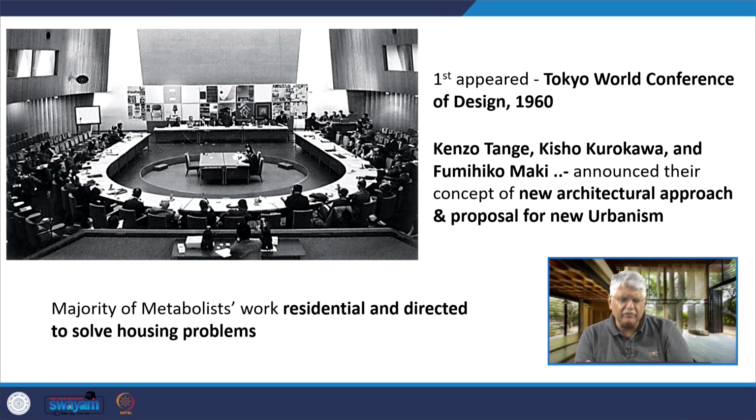The discussion on metabolism came onto the world stage for the first time at the Tokyo World Design Conference in 1960. Iconic Japanese architects like Kenzo Tange, Kisho Kurokawa, and Fumihiko Maki announced their concept of a new architectural approach and a proposal for a new urbanism. The majority of the metabolist works were residential and directed towards trying to solve the housing problem.